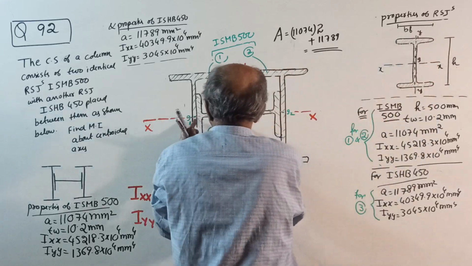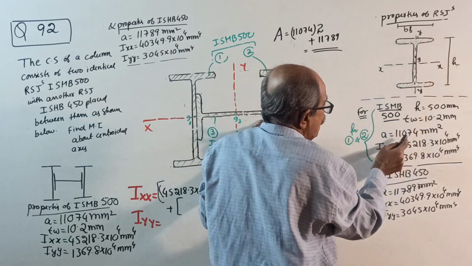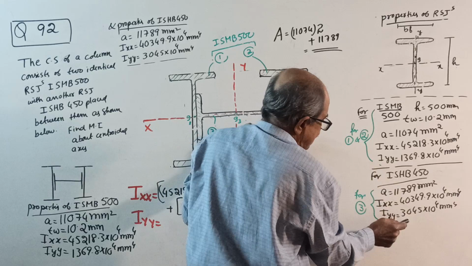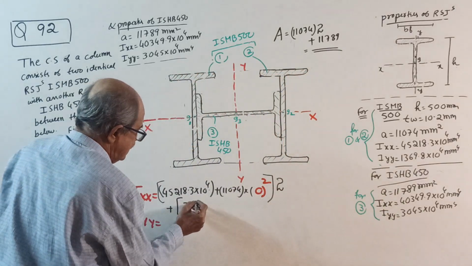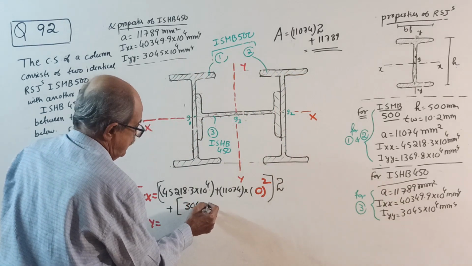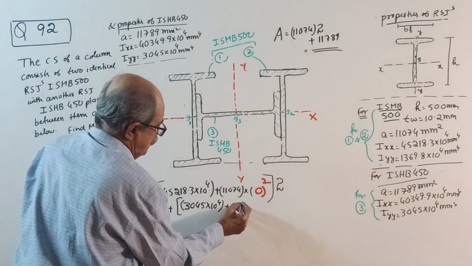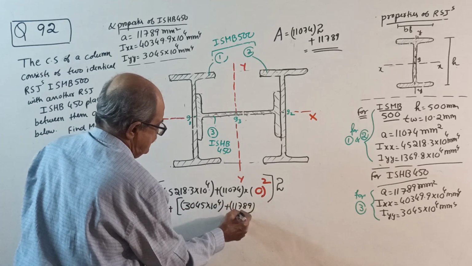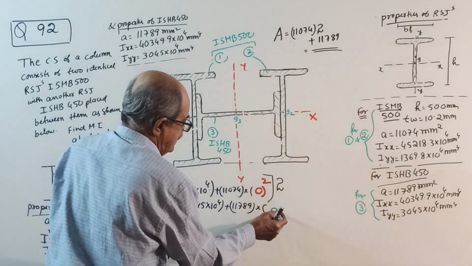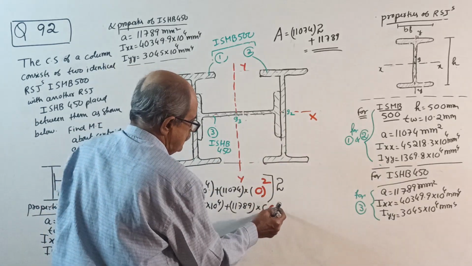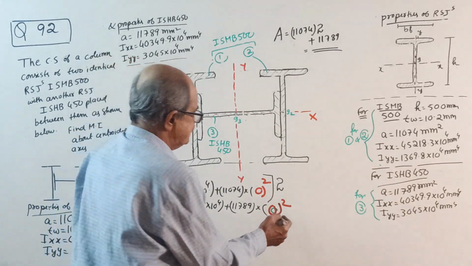So the property is not here. For figure number 3, see here, 3045, you should observe this one. 3045 × 10^4 is the Ig plus area 11789 multiplied by, again the centroid lies in YY, 0 square. Calculate IXX. Get the answer, over.